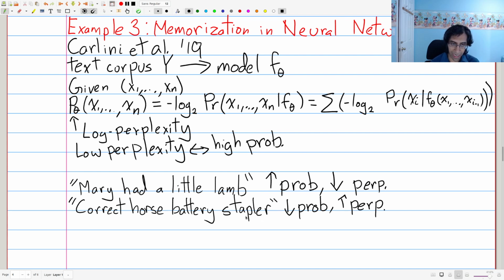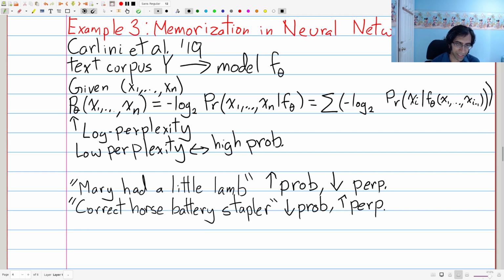Then you would imagine that this would become a much higher probability statement, and therefore the perplexity would drop. Now, this might not be such a big deal.